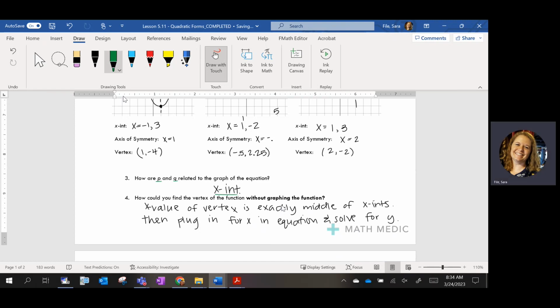If you get two test grades and you want to know what's halfway between them, what are you finding? The average. So you're averaging the intercepts. So to get the x value of your vertex, you're doing P plus Q divided by 2. You're finding the average.